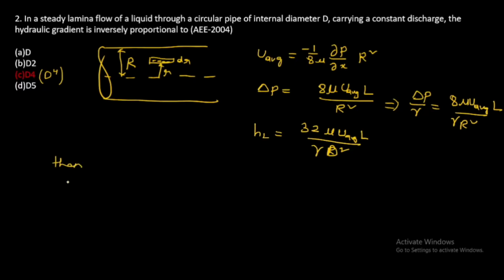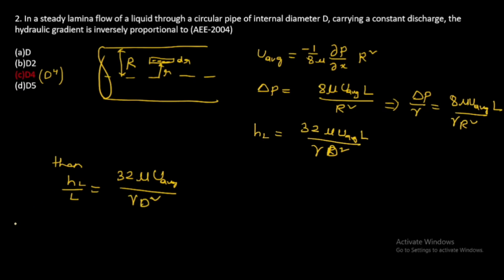Then if we write it like this, the hydraulic gradient is equal to 32 nu u average by gamma into d square.